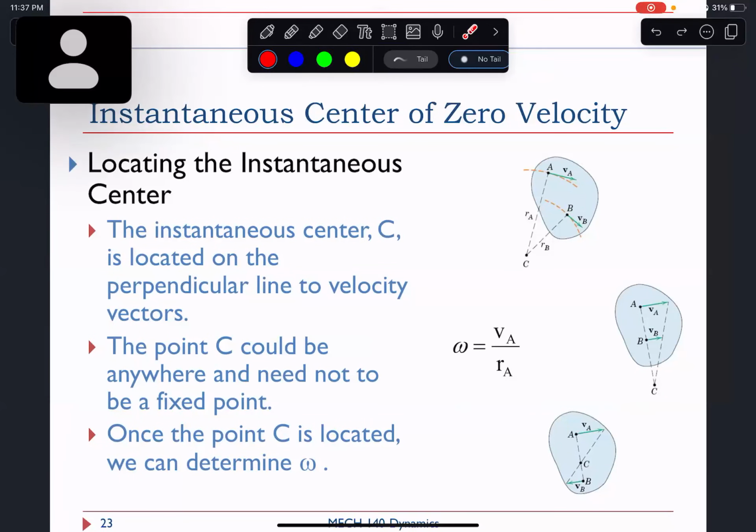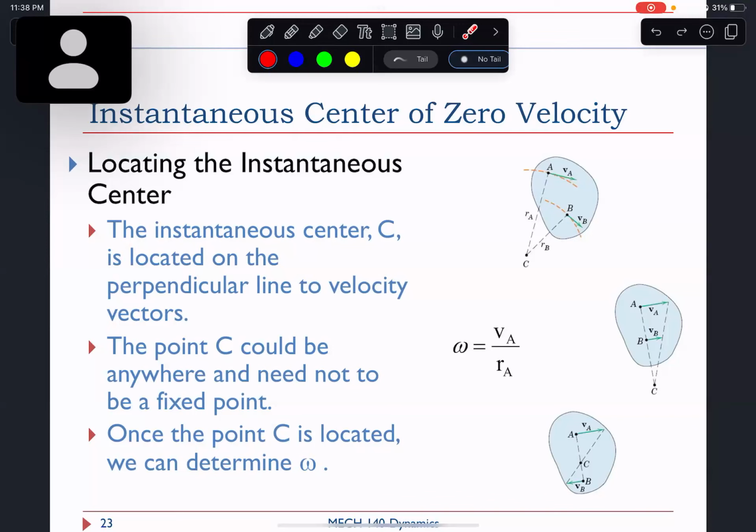Now your textbook talks about how you can find it, and it shows you basically three different cases. The instantaneous center C is located on the perpendicular line to the velocity vectors, so that is always true.